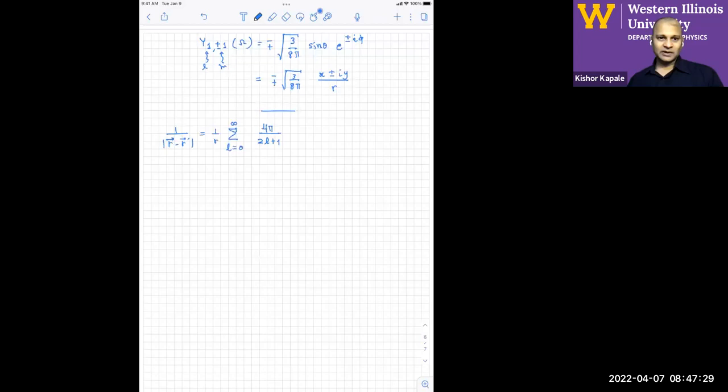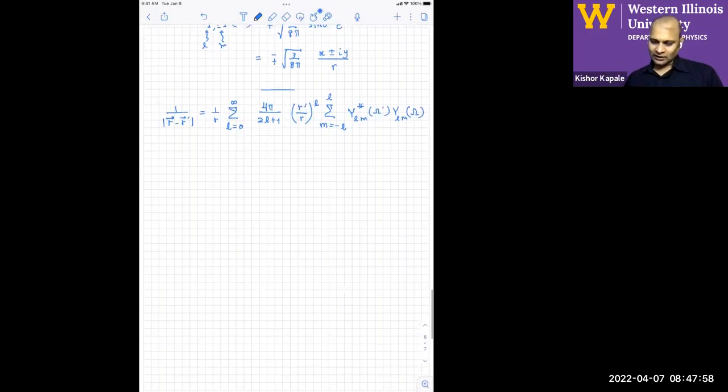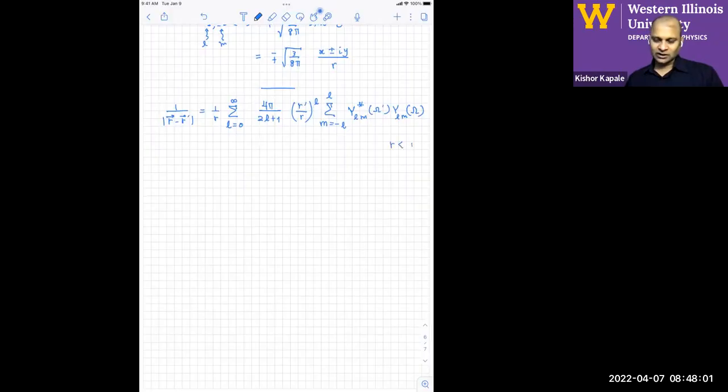That just comes from the expansion coefficients. Then you had r prime over r to the power L. Then you have the sum over m equal to minus L to L, and then you have the YLM star of omega prime and YLM of omega. Here omega prime is theta prime, phi prime, and again the same condition is true, r prime is less than r. Okay, I'm going to put a box around this.